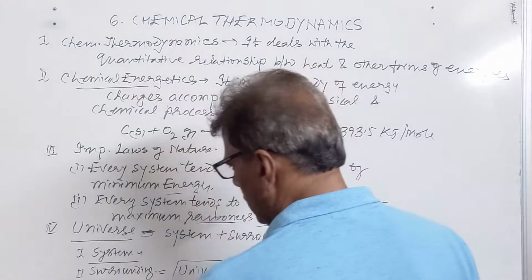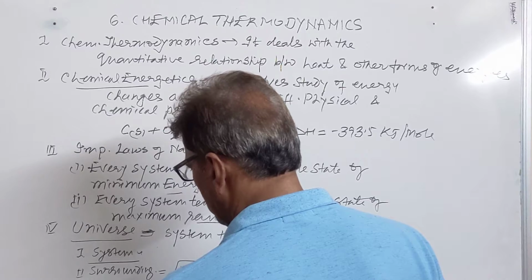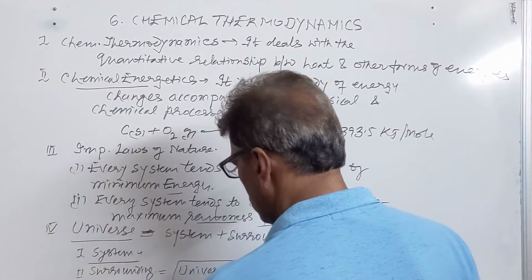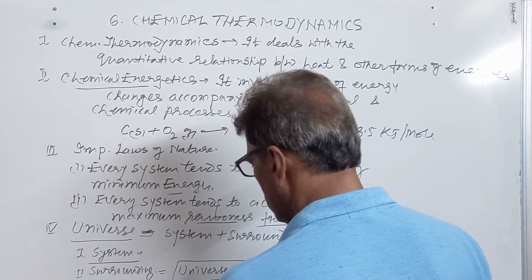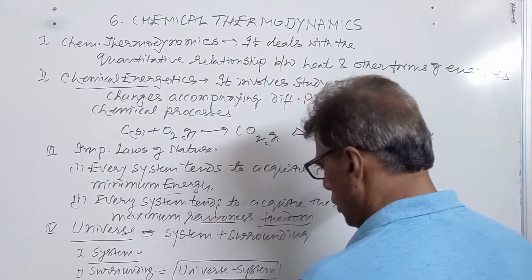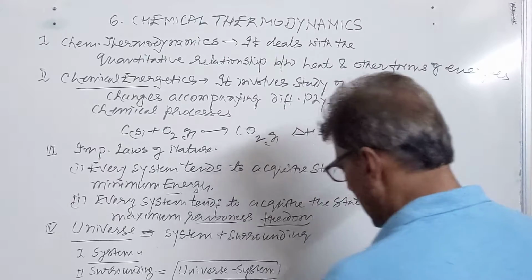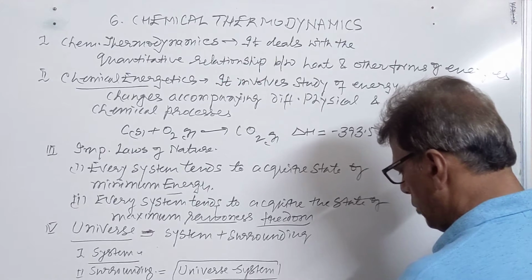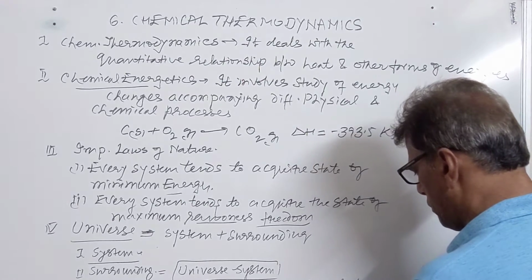There are two methods of classifying system. According to the first, system is of three types: open system, closed system and isolated system.